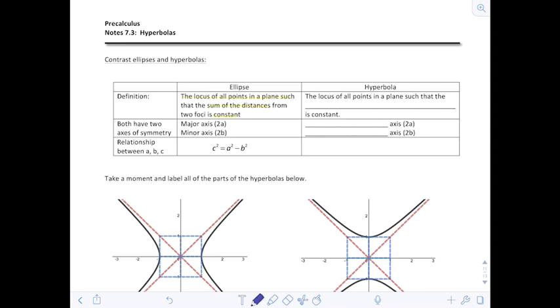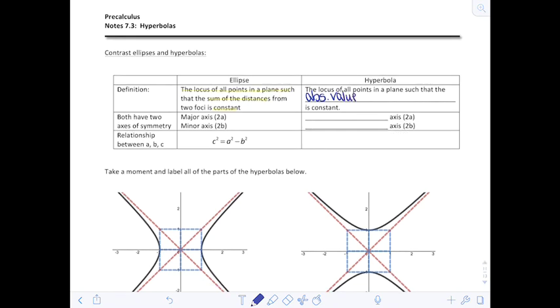The locus of all points in a plane such that the absolute value of the difference between two focus points, the absolute value of the difference between foci, is constant. And they say the absolute value because it doesn't matter which way you subtract, it's just really looking at the difference. They want you to look at the positive difference.